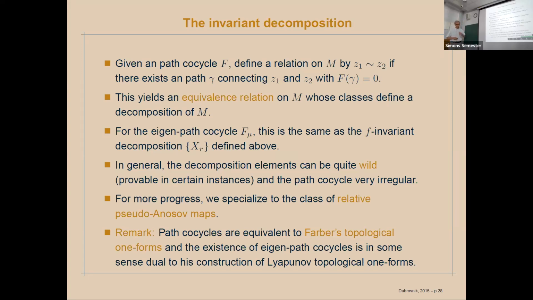But now let's specify where we have a lot of structure and see what these eigenvalues off the unit circle actually buy us for something where we have a lot of structure. And just some reference things, path cocycles, they're in some form in a paper of Fathi. Farber has a whole bunch of theory of topological one forms, which are the same object defined differently.